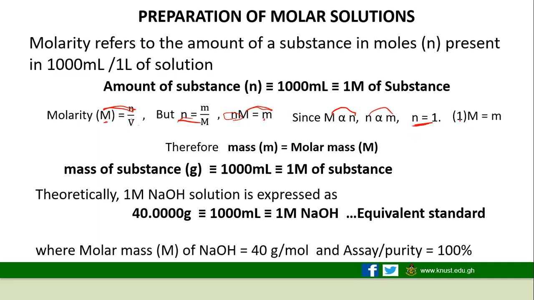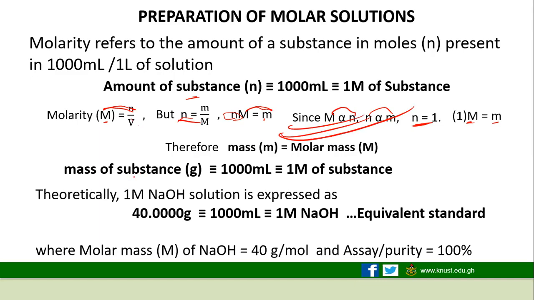Good. Now if the mole is equal to 1, then we are saying that the molar mass is the same as the mass. And so instead of writing the amount of substance here, we are just changing it directly to the mass. You don't really have to worry your head with all these explanations.